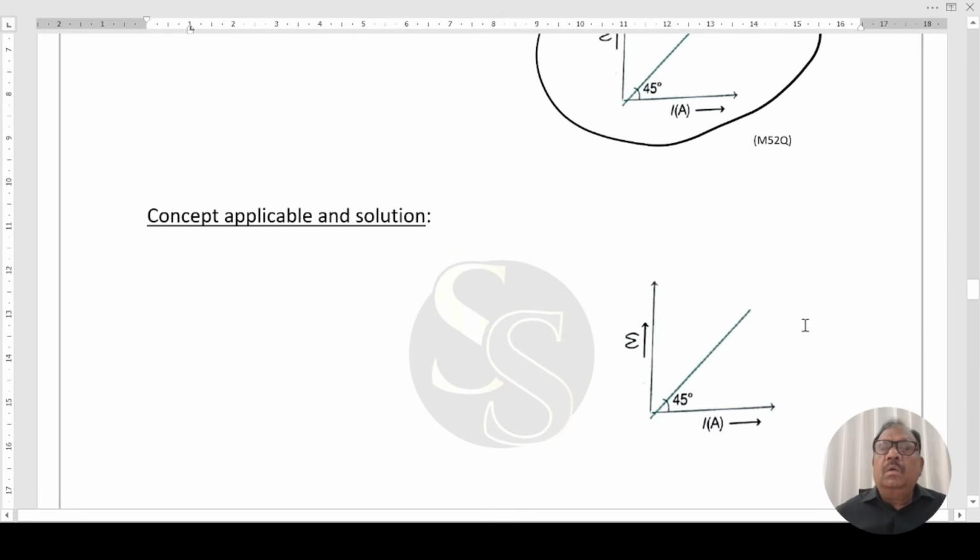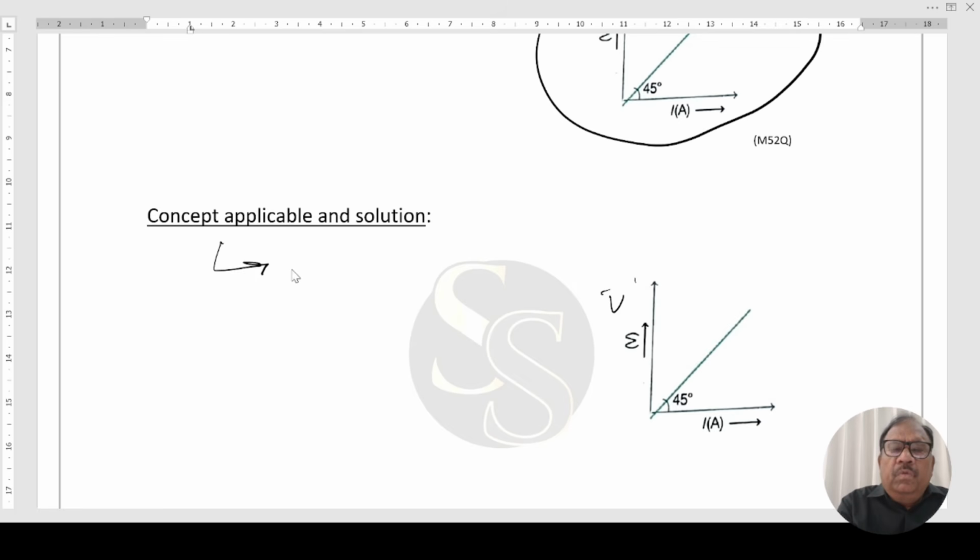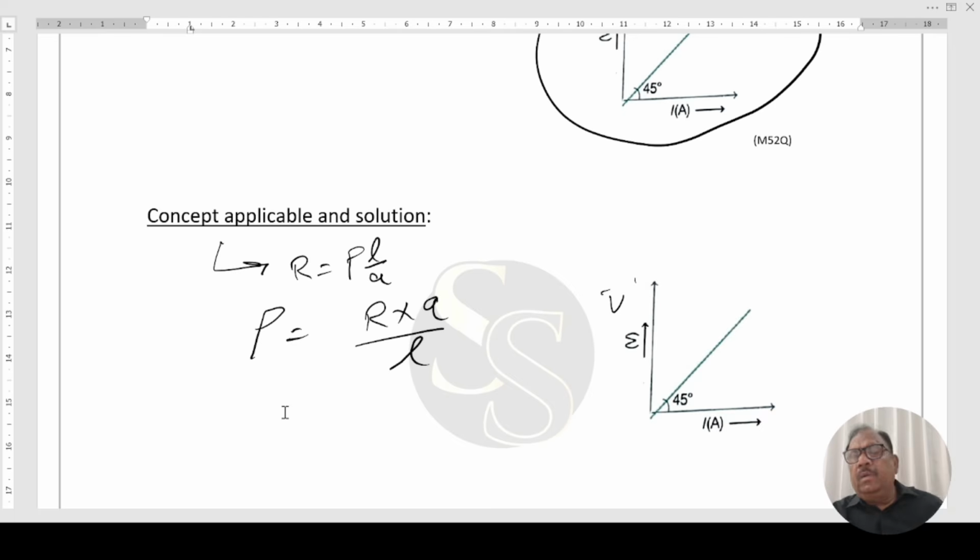Now, the concept applicable here. This is EMF voltage. This is current. So, if you know R equals rho L upon A, we have to find rho, R into A upon L, right?